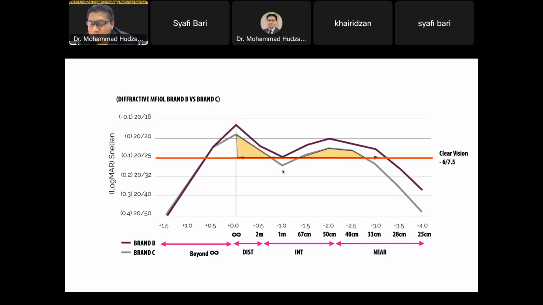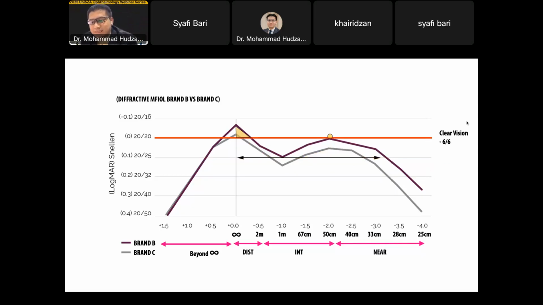But at 1 meter, the patient will complain of a bit of blurry vision compared to brand B. So brand C is providing less good vision at intermediate compared to brand B. So that's how we understand the defocus plot, comparing two different brands.